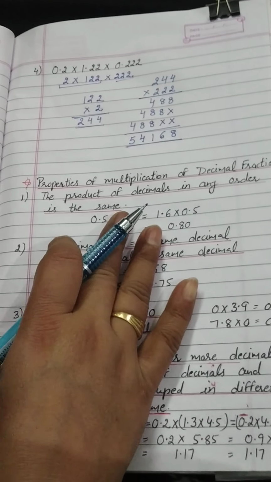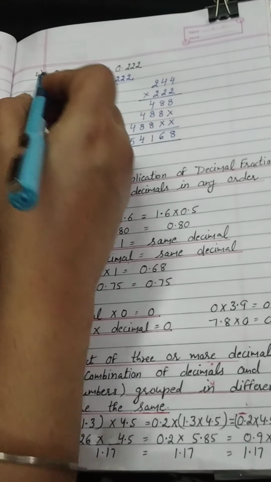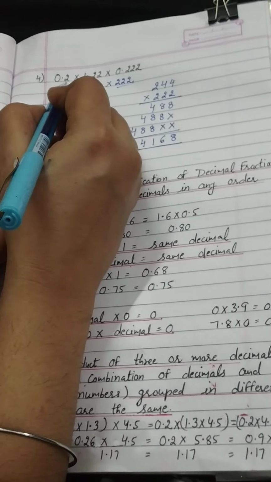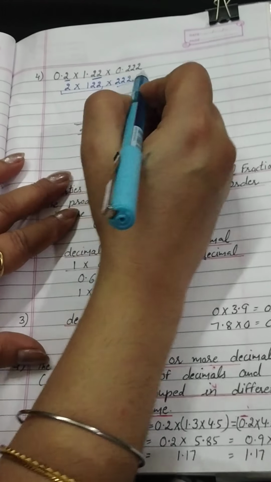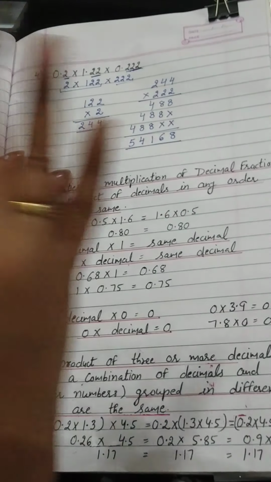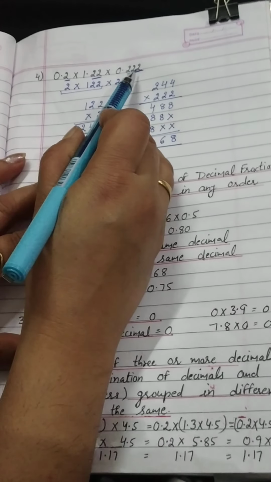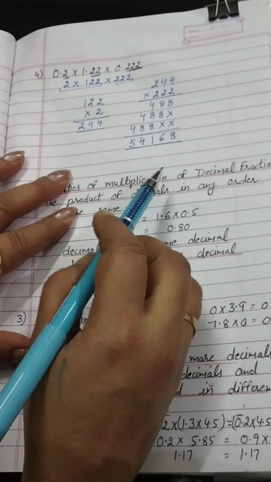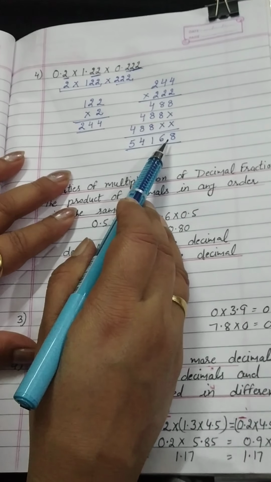Students, as we have done in step 2, count all the decimal places. See, here is 1, here is 2 decimal places. After the decimal point there are 2 digits and after the decimal point there are 3 digits. Now the sum of all these, 1 plus 2 is 3, 3 plus 3 is 6. Now we have to put the decimal after 6 digits.